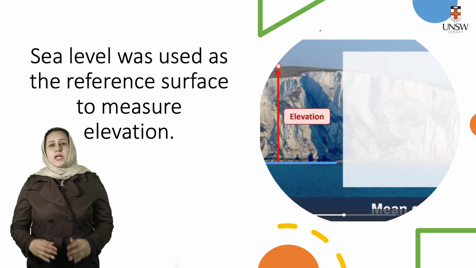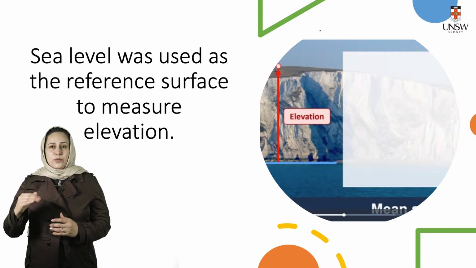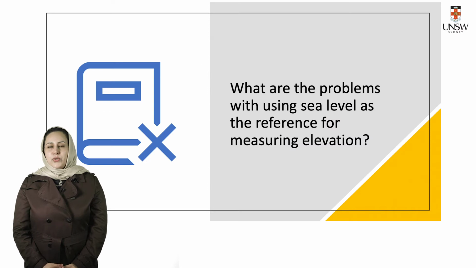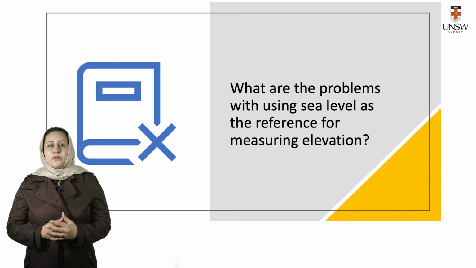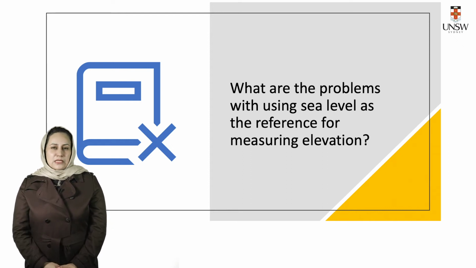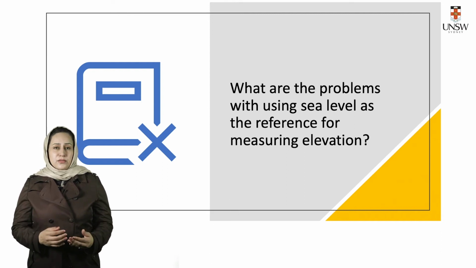Many years ago, sea level was used as a reference surface for measuring the elevation. Studies showed that there are problems with using sea level as the reference for measuring elevation. Can you guess some of these problems? Let's help you. Do you think that sea level is always consistent throughout a year across all the areas in the world?